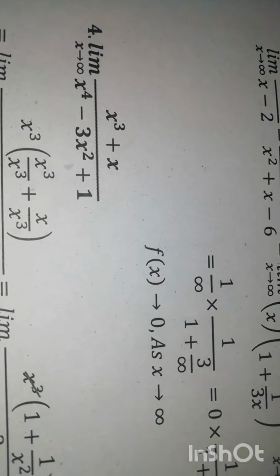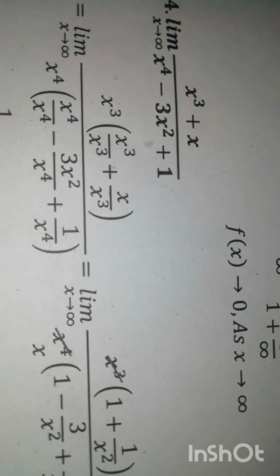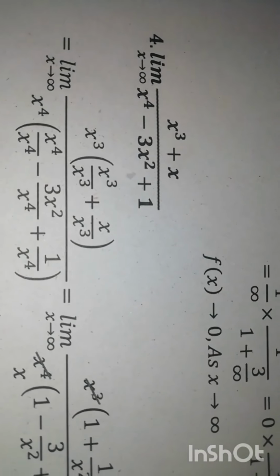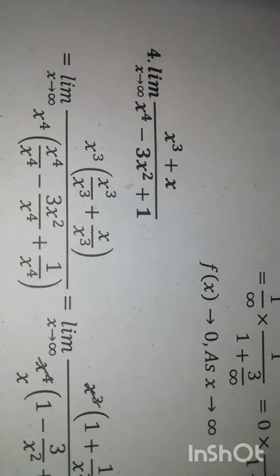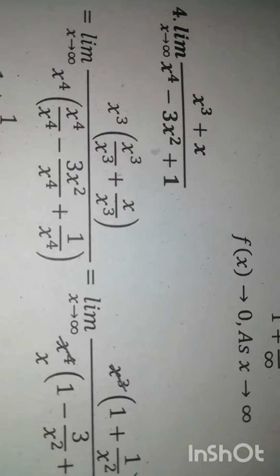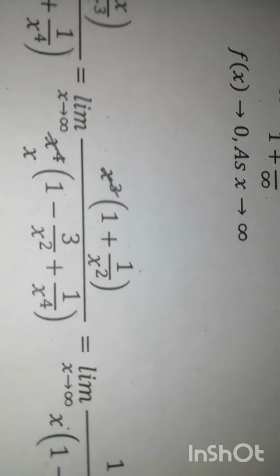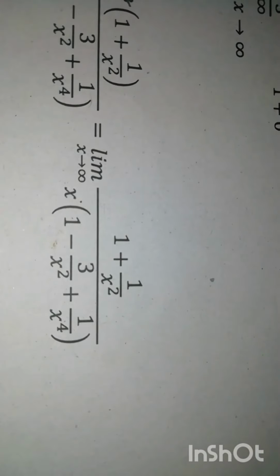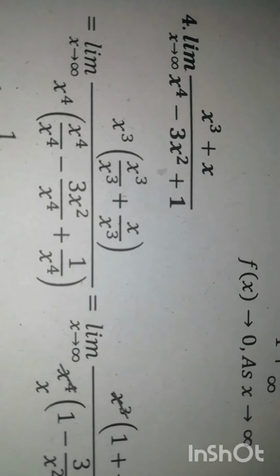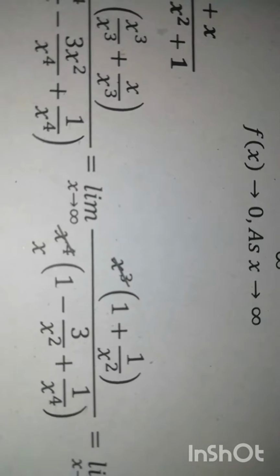Now you want a 1 by x form. So take x cube first. Here x power 4. In the numerator take the common x cube, in the denominator x power 4. Finally we get this. See step by step.